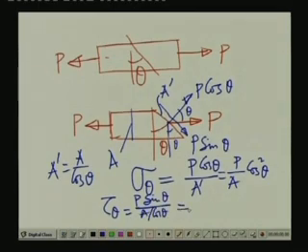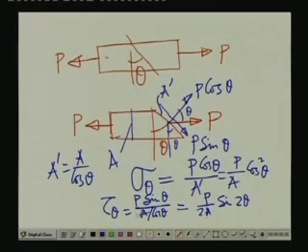So, this eventually is going to give us P by 2A sin 2 theta. So, these are the two stress components on this inclined plane. The normal stress is P by A cos square theta, and the stress which is parallel to the plane, which is the shearing component, is P by 2A sin 2 theta.